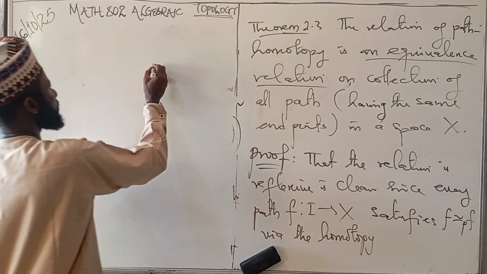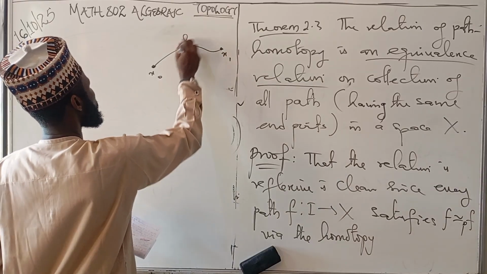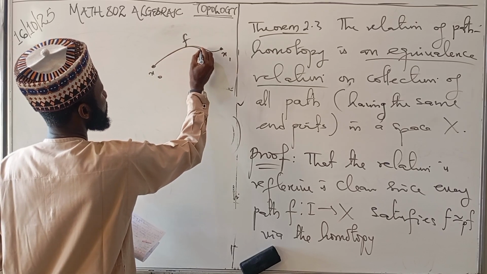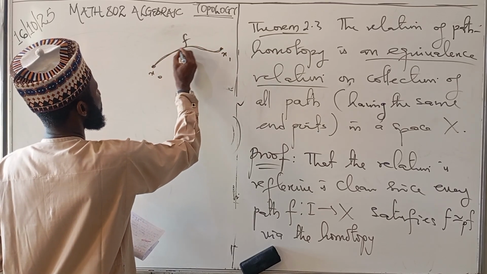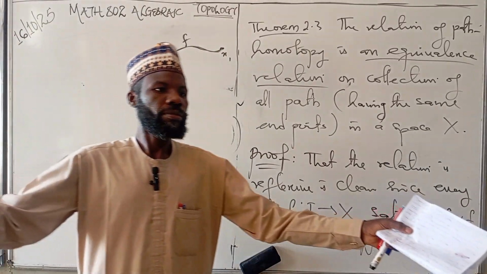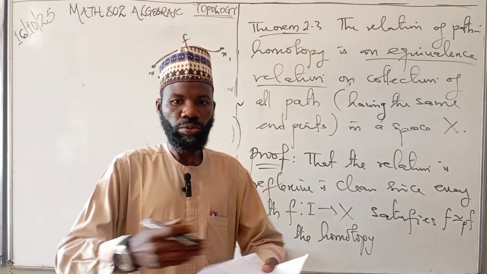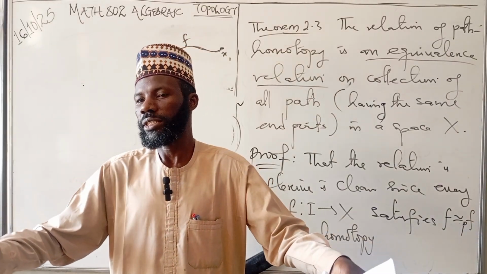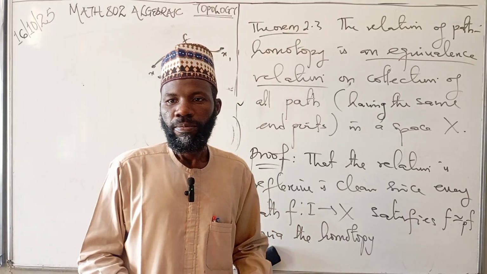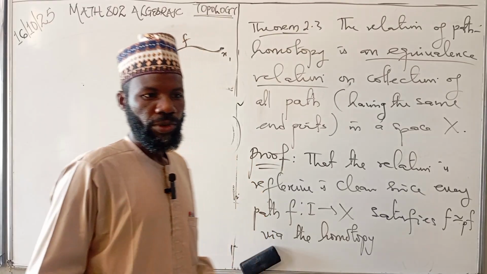So if I have a path from x0 to x1, F, and then I want to run a homotopy that will start from F and end at F after 1 hour interval. So at time t equal to 0, it should be F. And even at time t equal to 1, it should still be F. So every member of the family should be F. Okay?